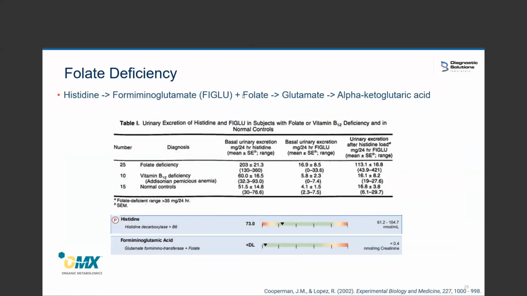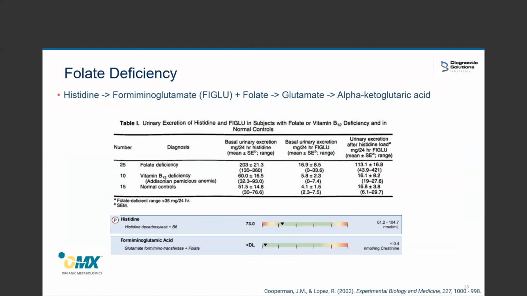So in this study, they looked at folate deficiency, B12 deficiency, and normal controls. They looked at baseline histidine, baseline FIGLU, and then with the histidine load. And they did find that excretion of histidine, this is urine histidine, was about 3 times higher in a folate deficiency, and a B12 deficiency was a little bit higher.